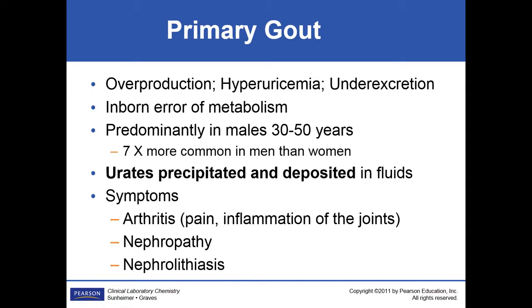You may be familiar with the condition of gout. We have an overproduction or under excretion. It is an inborn error of metabolism. It predominantly displays itself in males from 30 to 50, 7 times more common in men than women.